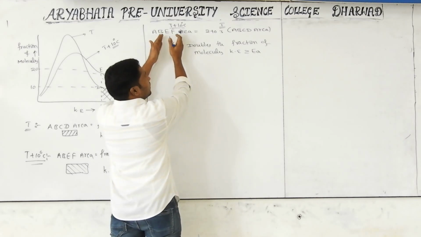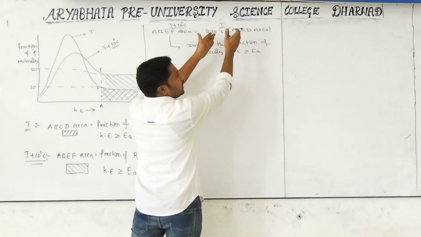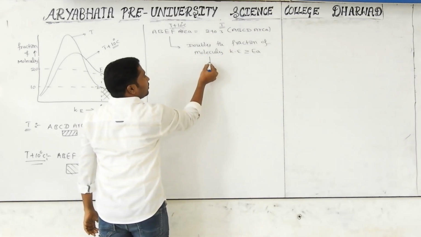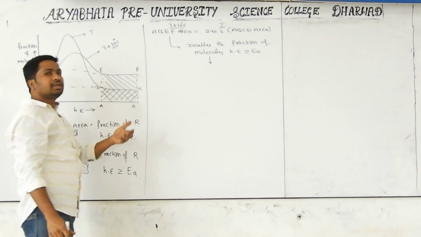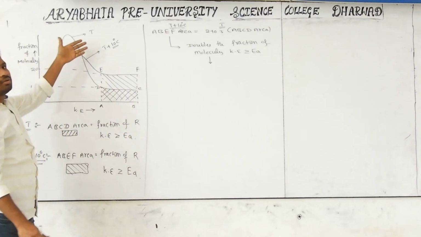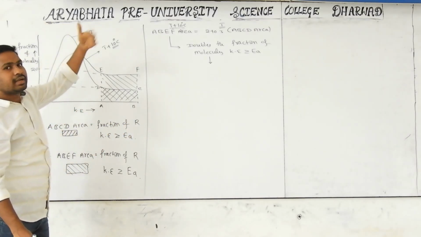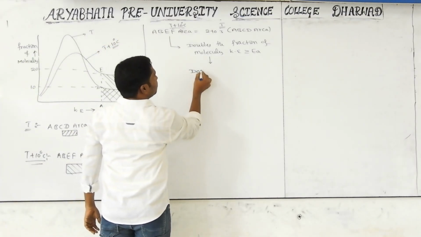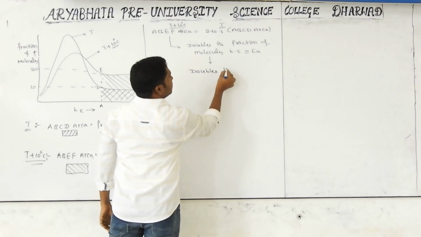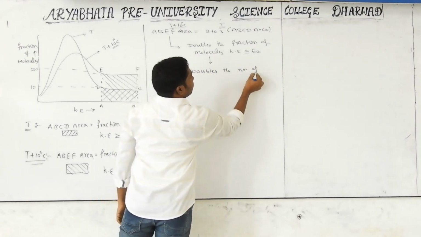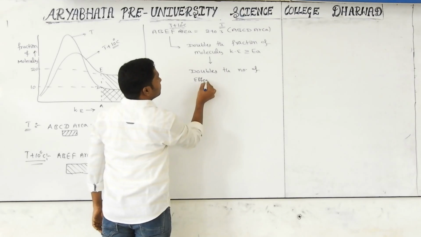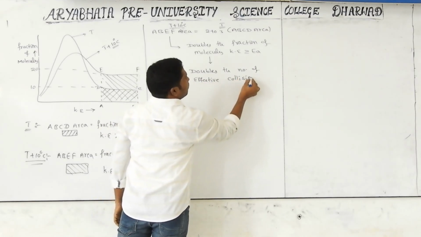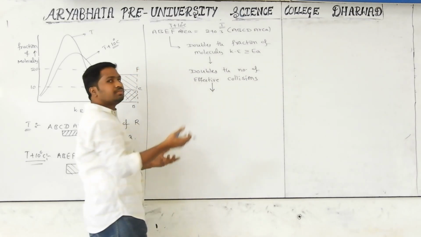This number of molecules is almost double the ABCD area at temperature T. As the fraction of reacting molecules doubles, most of the molecules go into the activated state and are involved in the chemical reaction. Automatically, it doubles the number of effective collisions.